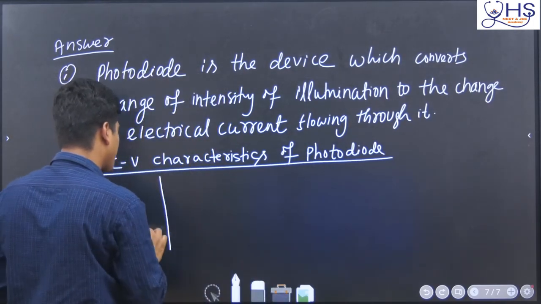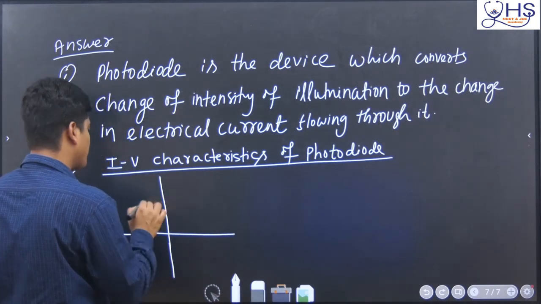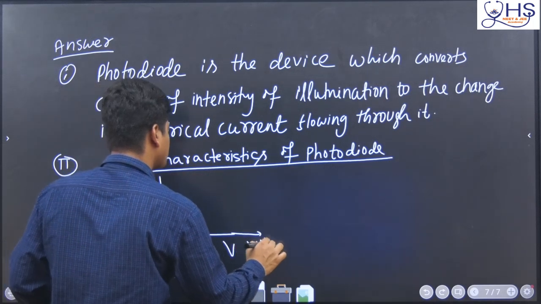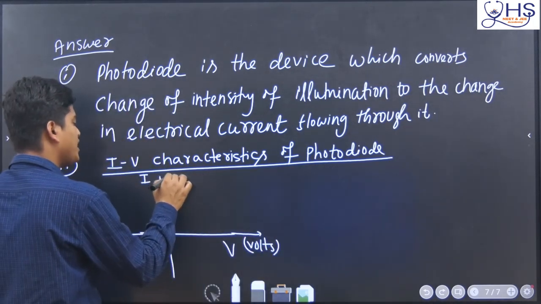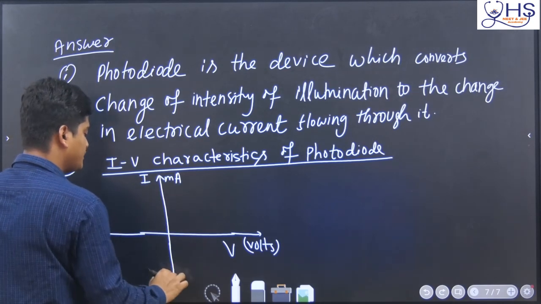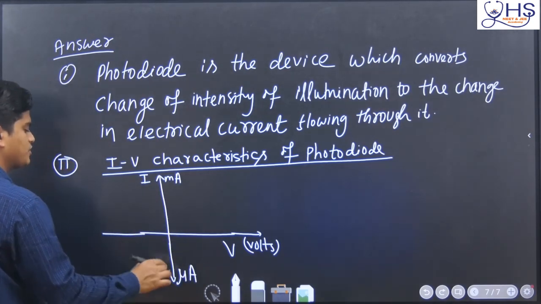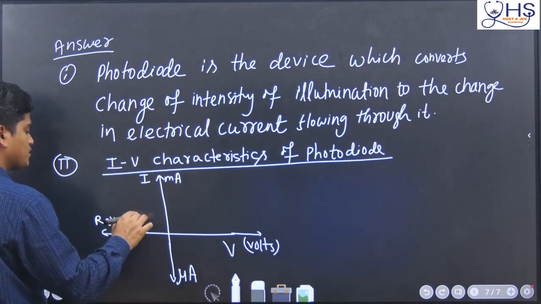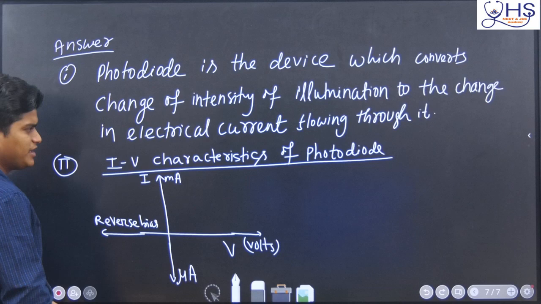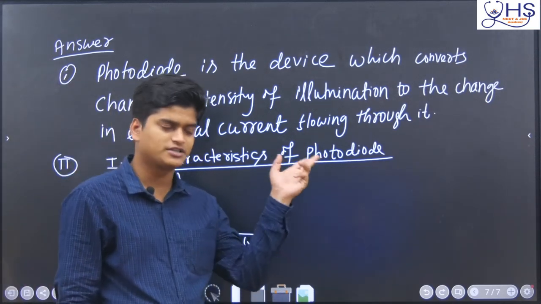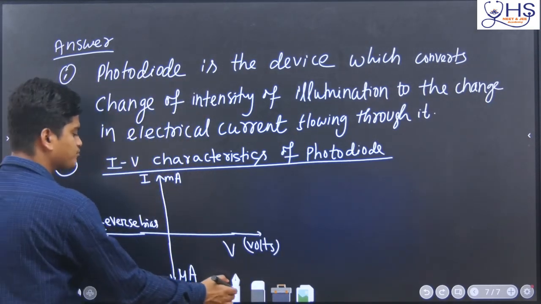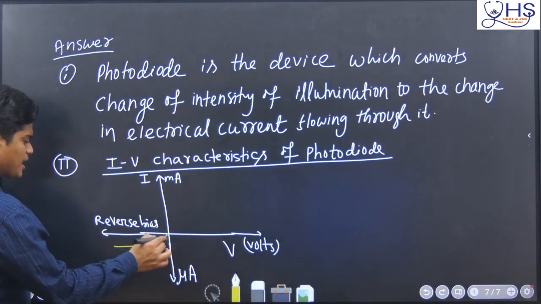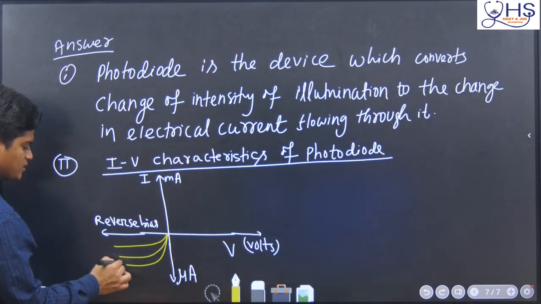Here I take current I in milliampere, this is the forward current, and voltage V in volts. This side I take microampere, it is your reverse current, and this is your reverse voltage, reverse bias. In a PN diode, when you study forward bias and reverse bias, IV characteristics also come. So the graphs will be like this.